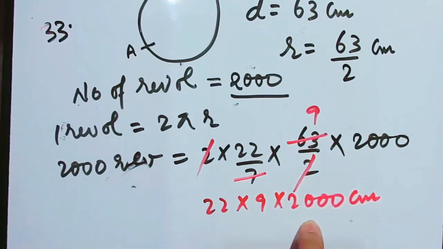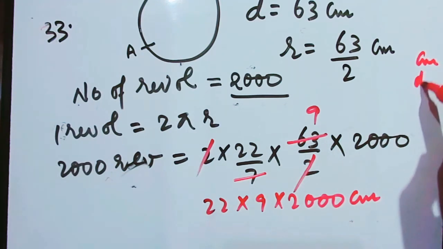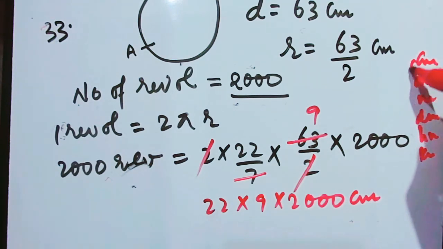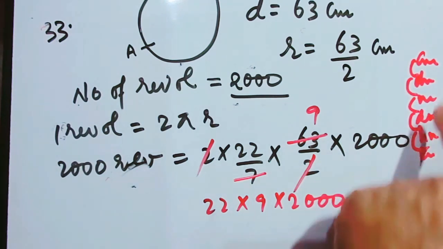So in order to convert this into kilometer, naturally you will have to divide this by how many zeros? Let me see. Here you have millimeter, centimeter, decimeter, meter, decameter, hectometer, kilometer. So to convert into kilometer, you have to move 1, 2, 3, 4, 5 steps downward.